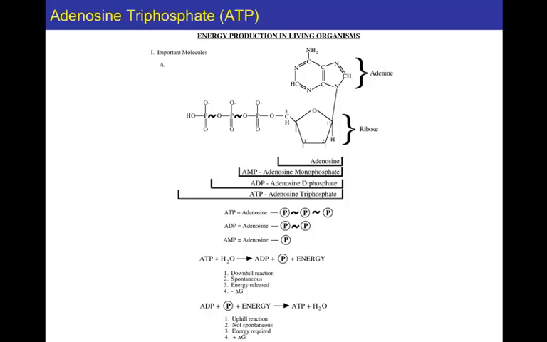Also notice that with the three phosphate groups, you've got two wavy bonds connecting the last two phosphate groups. These wavy bonds indicate a much higher energy in those bonds. The reason for that is, take a look at the oxygens on the phosphate groups. They've got negative charges, and as I'm sure you remember, negative charges repel one another.